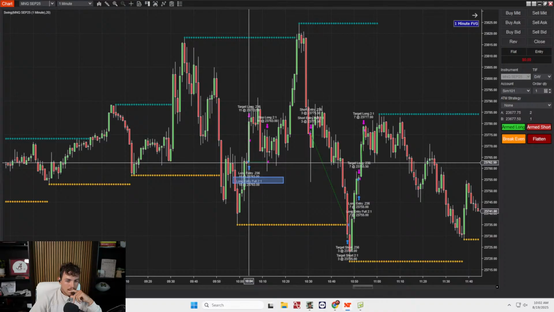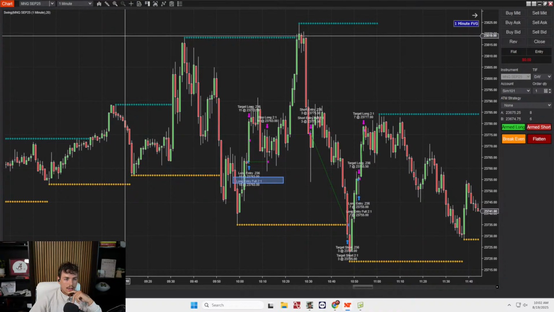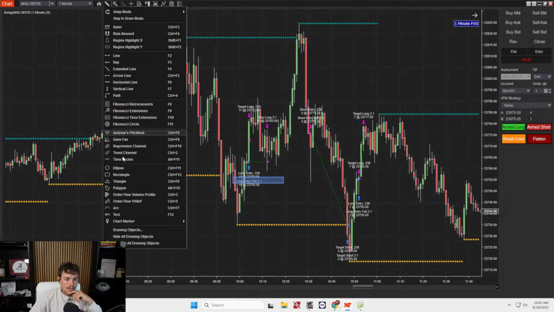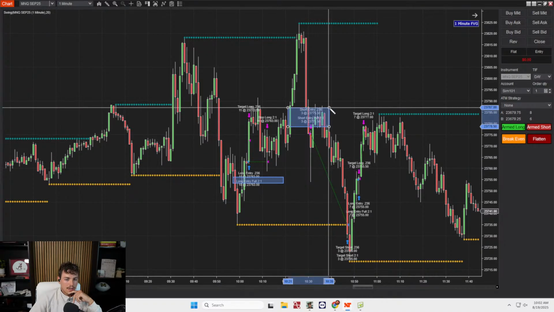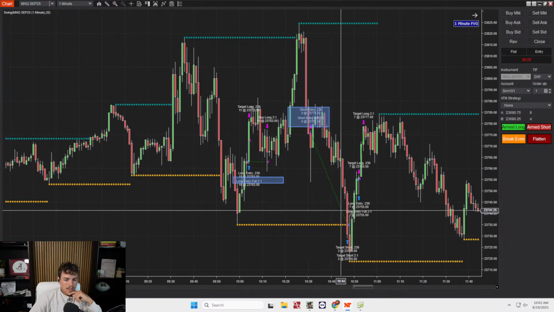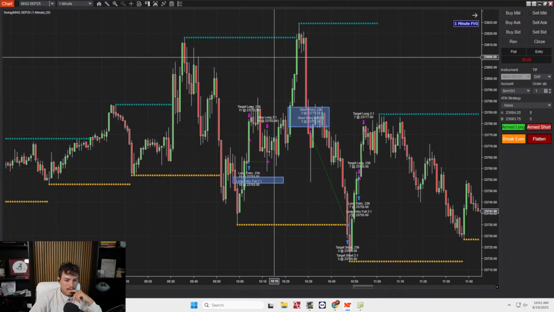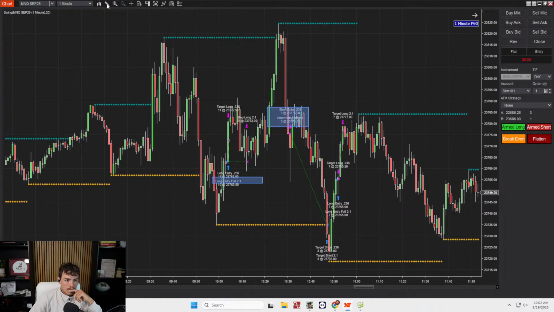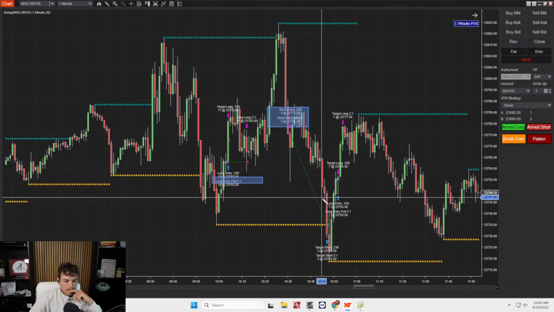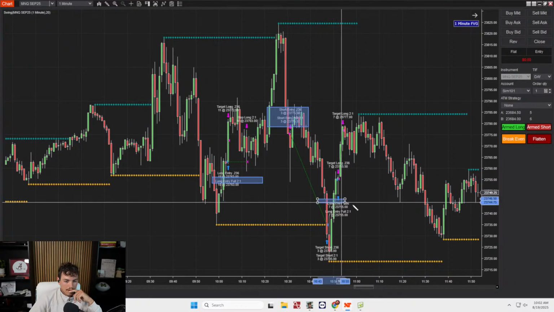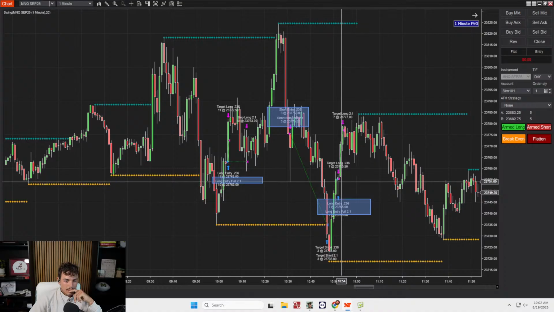Then we had off of this gap here a short trade that went, and then we had off of this fair value gap here.